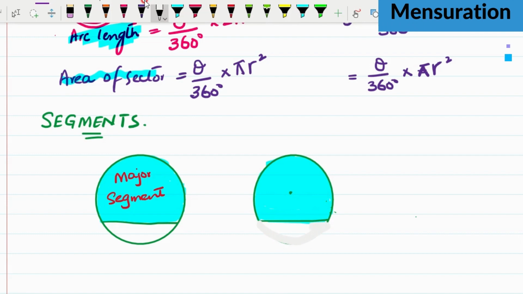I just removed it. Okay, this is what we required. All right, and what if I draw a triangle here? Is this triangle included in this major section? Yes, it is a portion of it. So the triangle and the Pac-Man both are part of a major segment, right?